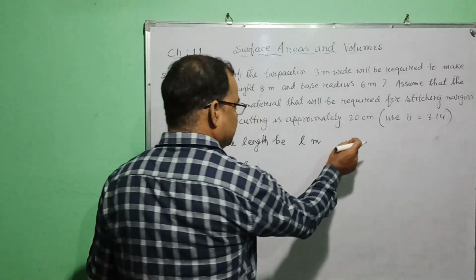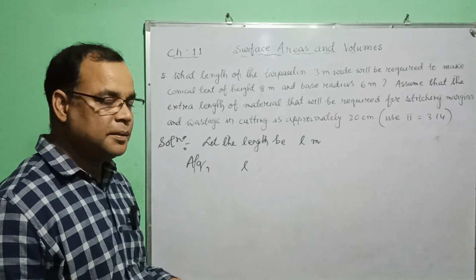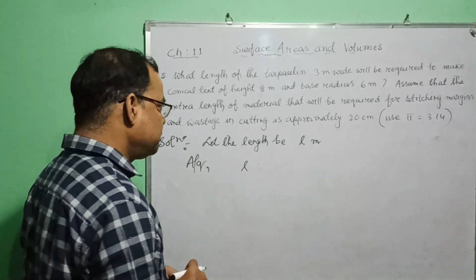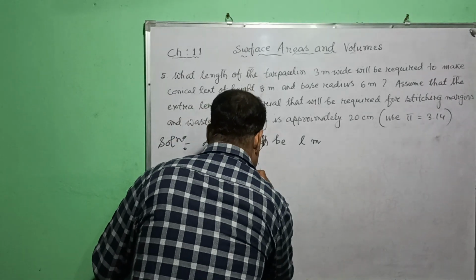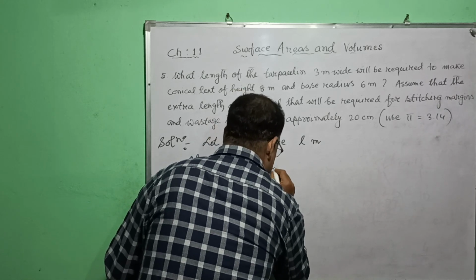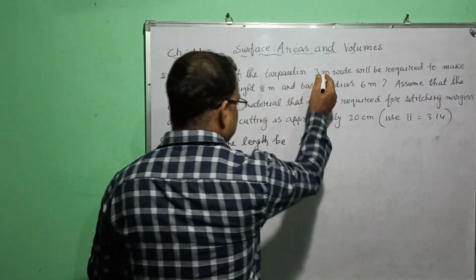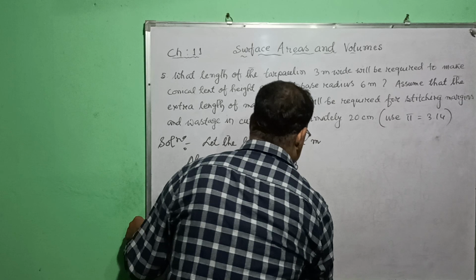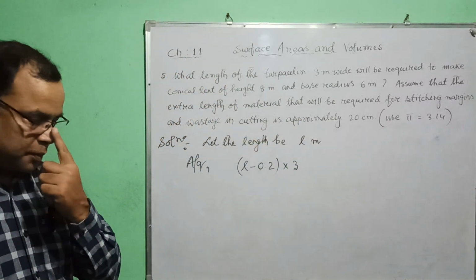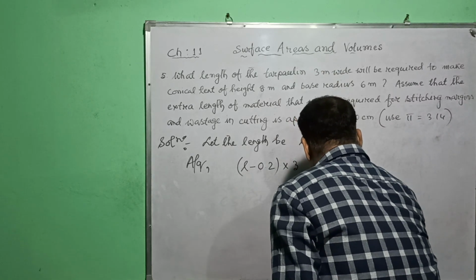If we convert 20 centimeter into meter, it is 0.2 meter, so we subtract it from L, into width, which is given as 3. It is important to remember this carefully.